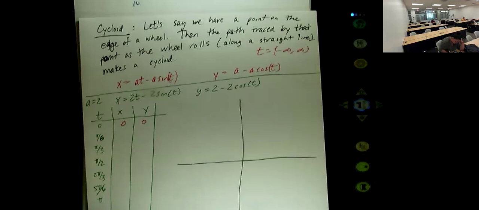And for this, I need to definitely have it in radian mode. 2 times pi divided by 3, minus sine pi divided by 3, and then double.